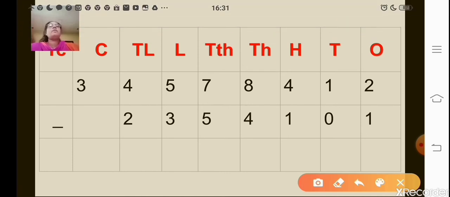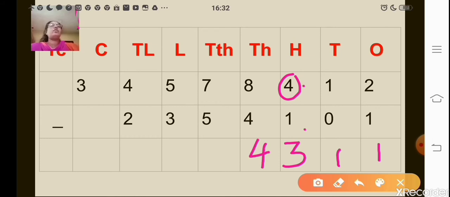Starting from the ones place, 2 minus 1, that is 1. 1 minus 0, 1. 4 minus 1, or you can count the numbers after 1: 2, 3, 4. Till 4 you have to count, so your number is 3 here. 8 minus 4, count the numbers after 4 till 8: 5, 6, 7, 8.